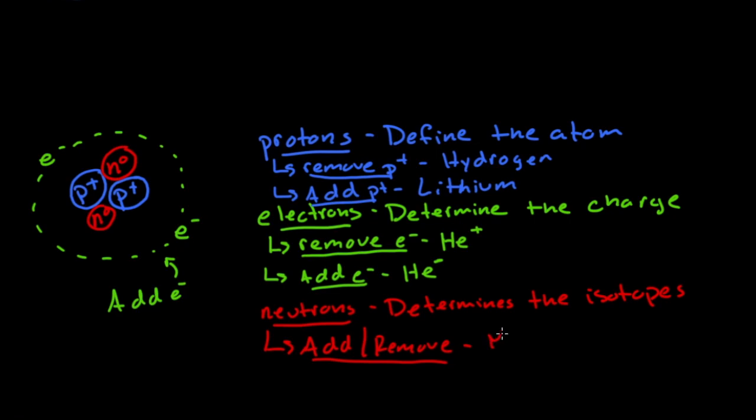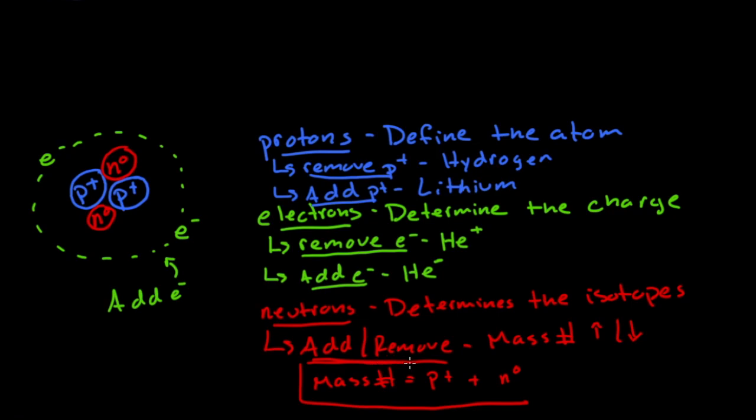So I'll put that the mass number will change. The mass number will either increase or decrease. And the mass number is basically going to be the number of protons plus the number of neutrons. So that's a good equation to write down. The mass number equals the protons plus the number of neutrons.